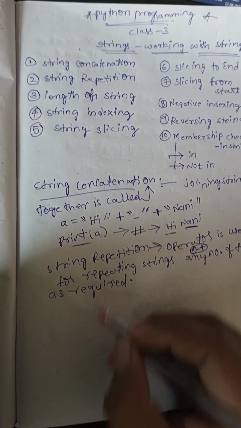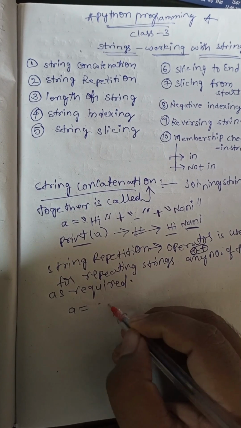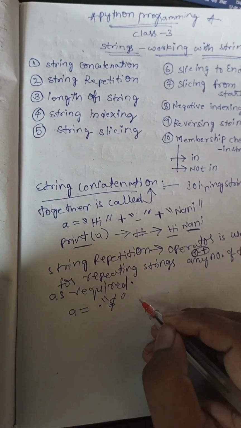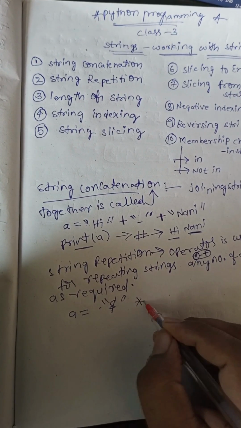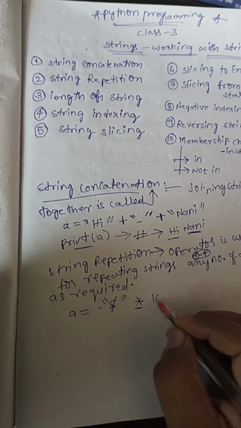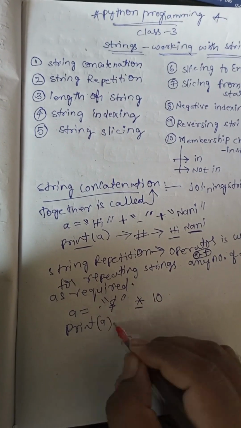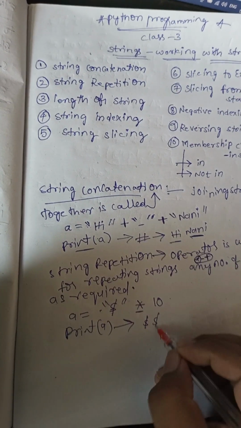See, string repetition. Example, I am taking here A equal to dollar into symbol 10 times. Again I said print A. What output will I get? Output should be 10 times this dollar.